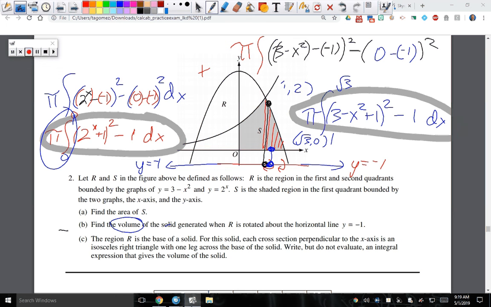Okay, and then I'll do the other one, pi times the integral from 1 to √3, and it's going to be parentheses 3 minus x squared plus 1, so you could put 4 minus x squared if you wanted to, 4 minus x squared quantity squared minus 1 dx, and you get these answers right here.